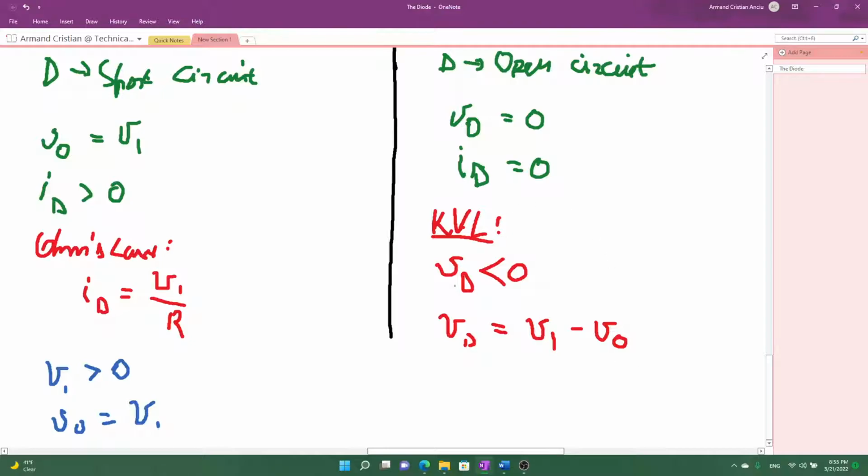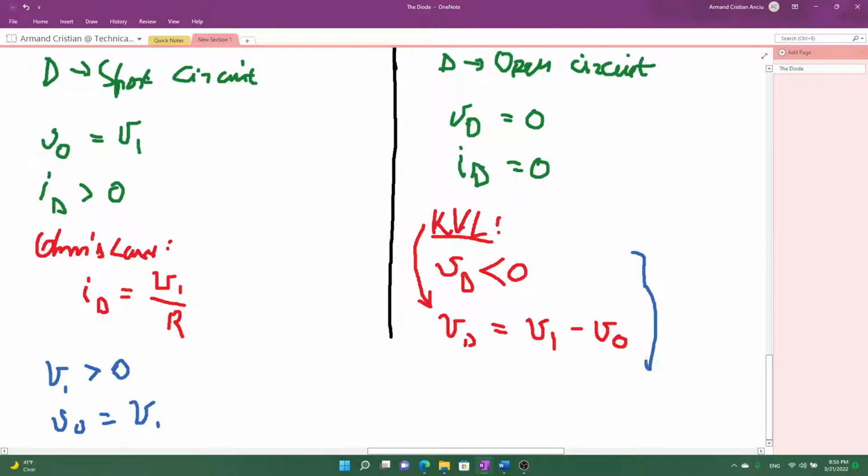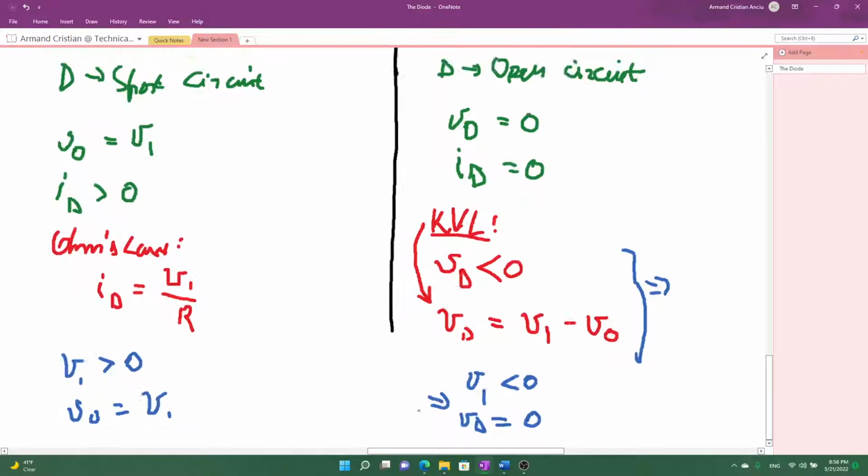So from that, we can obtain this second relationship. And these two relations then give us the condition of Vi being less than 0, okay, and Vd should be equal to 0. So these are the four things that interest us most.